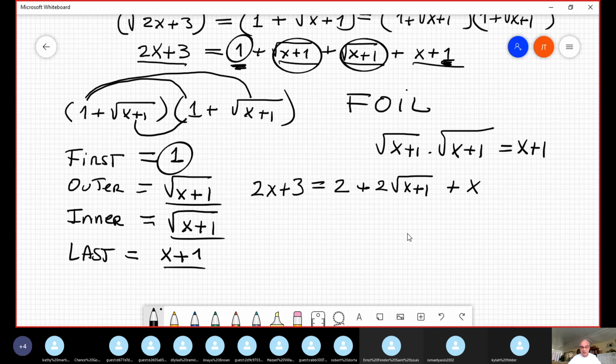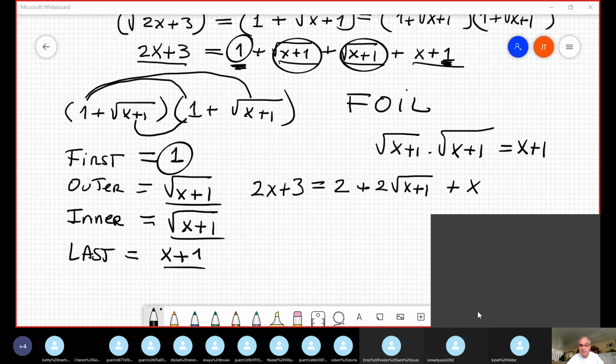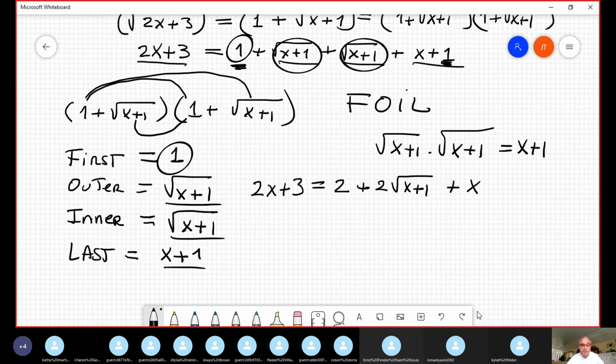The next step is to try to isolate this radical. Therefore I move everything to the left except this. And 2x stays, plus 3 minus 2 minus x equals the radical x plus 1.